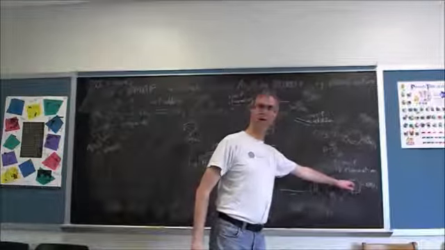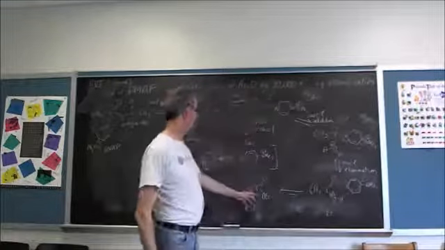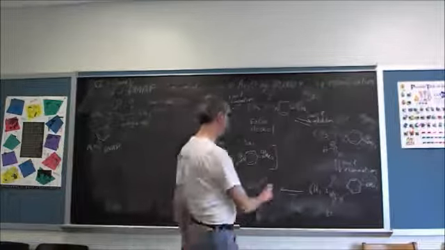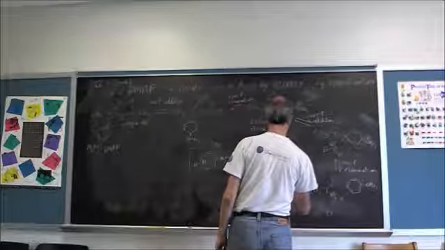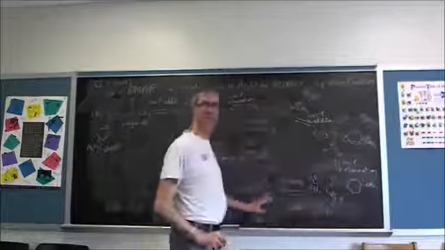And now we've got a strong base present, and this is a fairly strong acid, so this will do an acid base at the end and give us the ester.